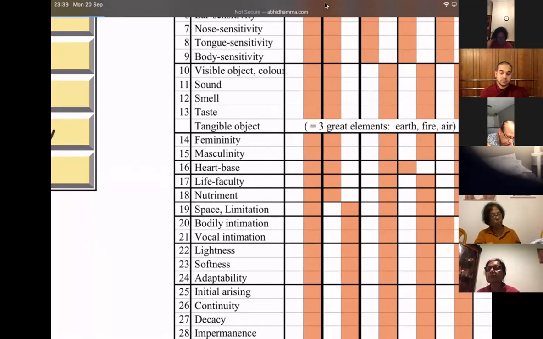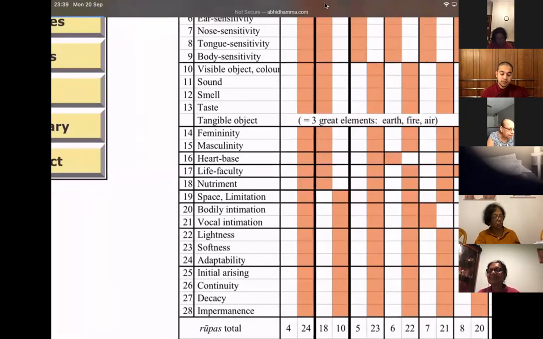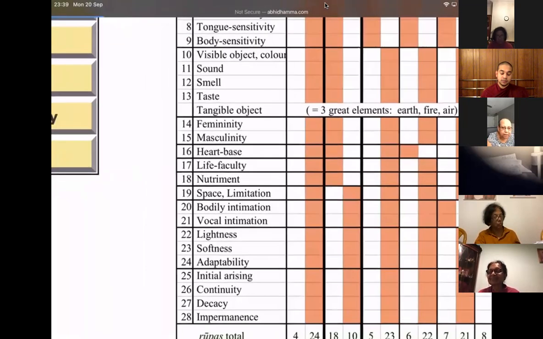Now it goes earth, water, fire, air, then eye, ear, nose, tongue, body, then form, sound, smell. So the 12th one is smell, but some things go a little bit differently. But it doesn't matter. I think we have a different edition, and it's on 262 and 263.